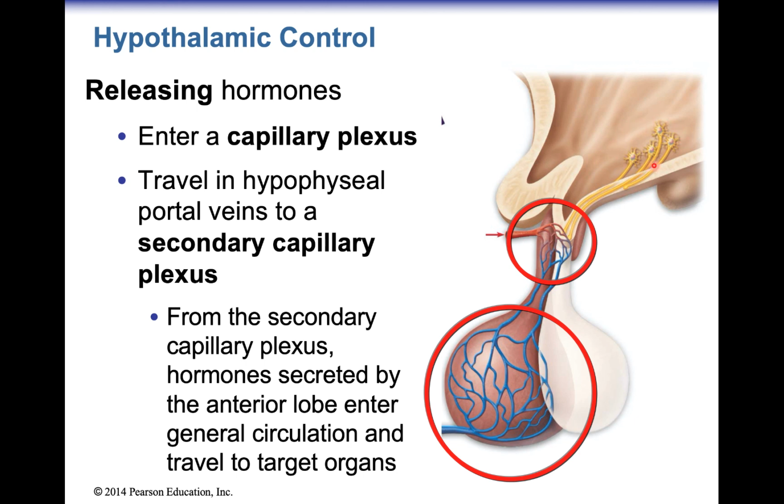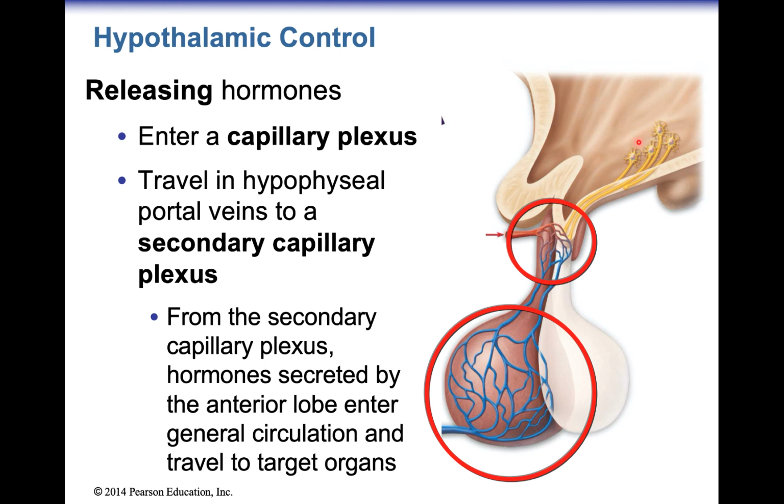So the hypothalamus makes a releasing or inhibiting hormone, sends it down to the first capillary bed, and it goes into this capillary bed to travel down into the pars distalis of the anterior pituitary. Once that inhibiting or releasing hormone is down in this capillary bed, it's going to diffuse out and go into the tissues of the anterior pituitary to send the signal of, hey, you need to make more of your hormone, or hey, you've got to make less of your hormone.